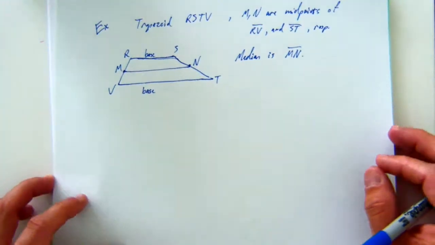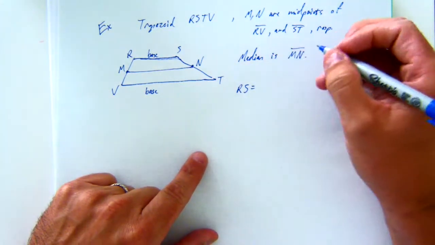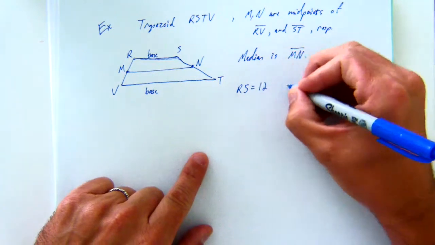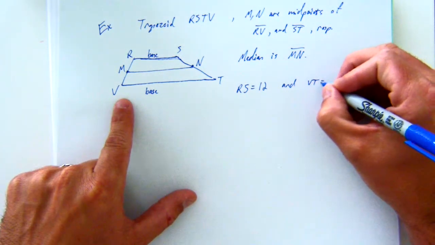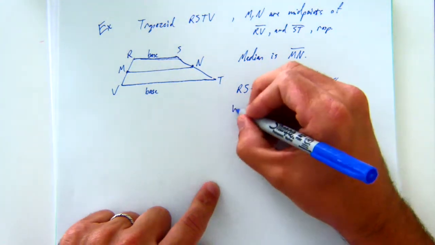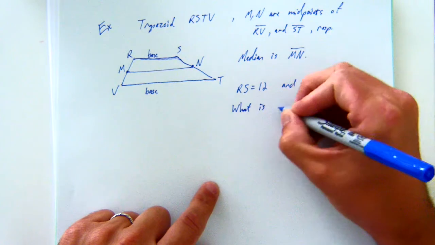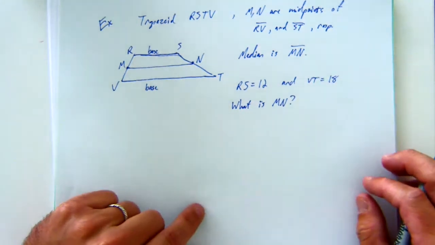Now let's use that theorem. Suppose RS, the measure of RS, is equal to 12, and VT, the measure of VT, is equal to 18. What is the measure of the median line segment MN?